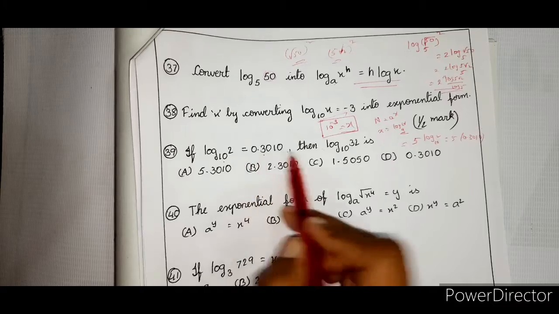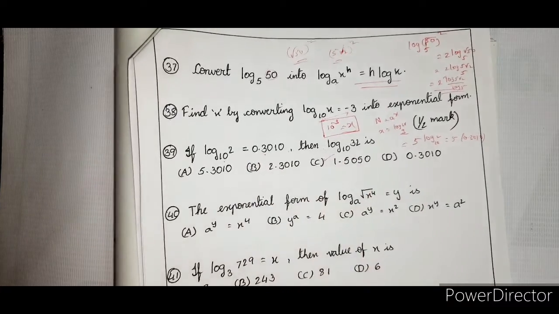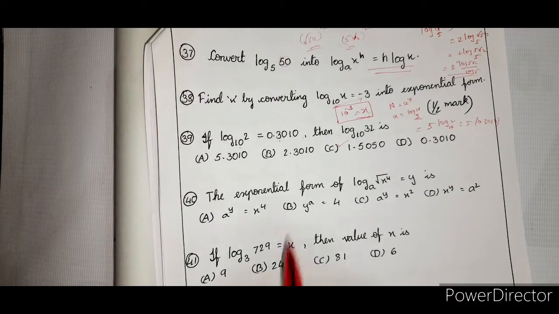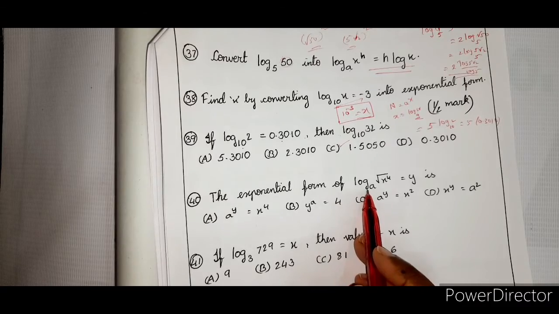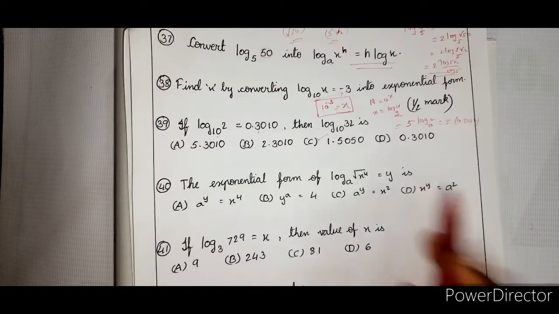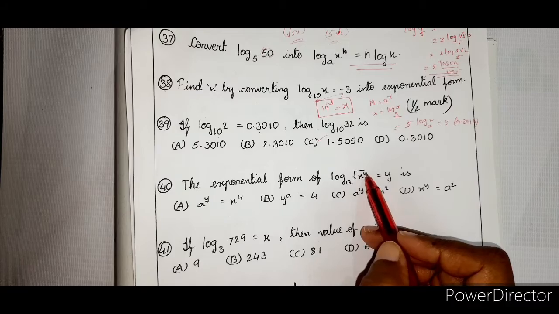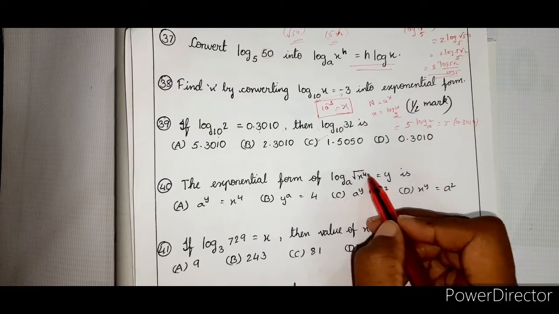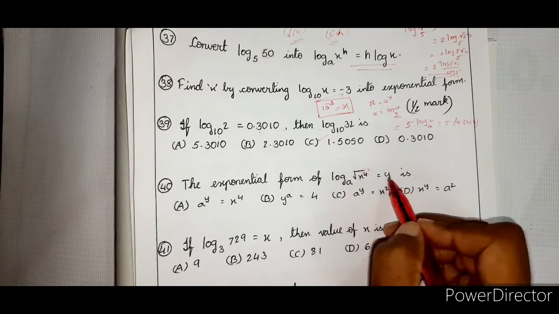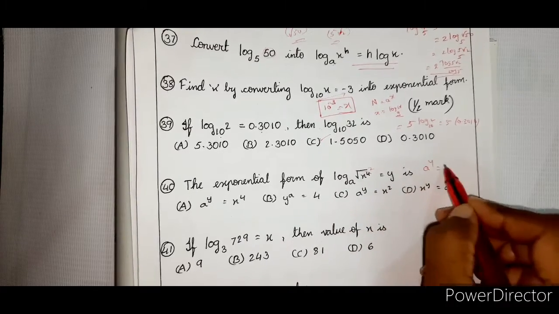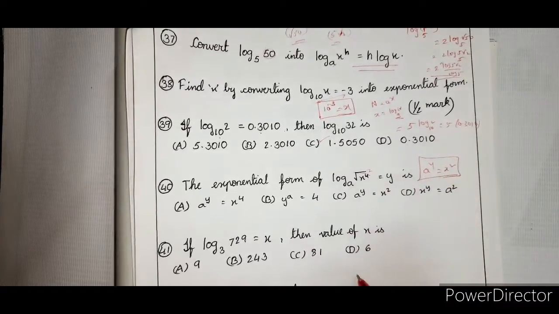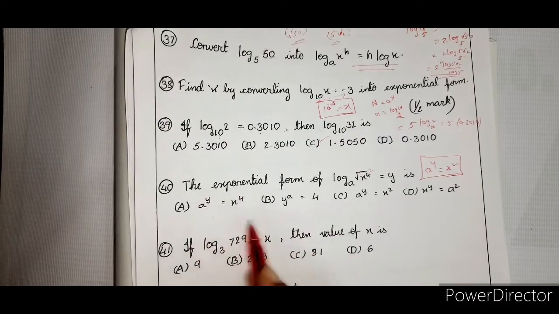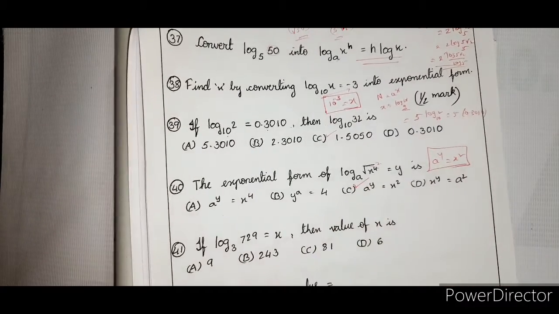So 1.505. Now the exponential form of log a of the root of x power 4. The root of x power 4 is just x square, so this whole thing becomes x square. Now a power y is equal to x square. That's all. Where is that? Yes, C.